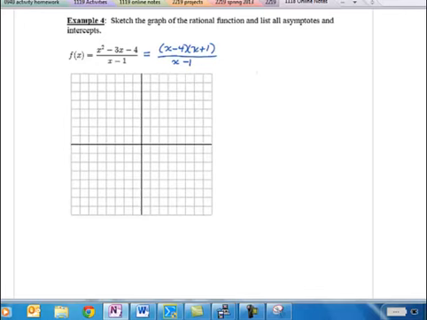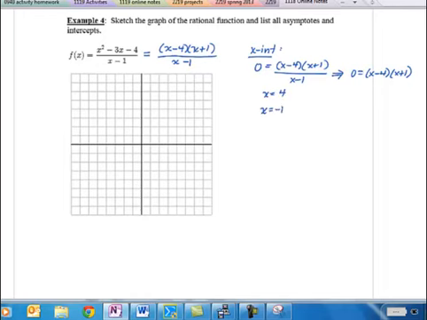So if we make a list of all the key features, our x-intercepts are where the function is 0. Multiply everything by x minus 1. That means we just are really worried about where the numerator is 0. So x equals 4 or x equals negative 1.